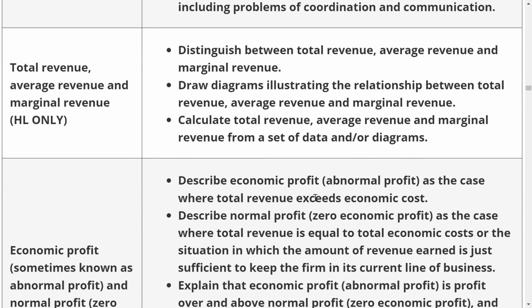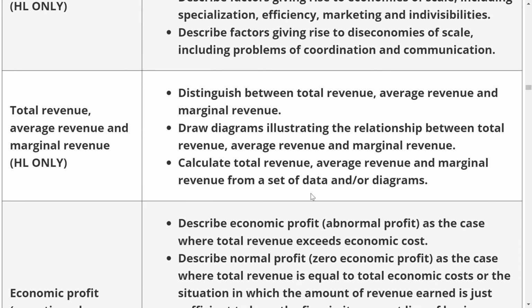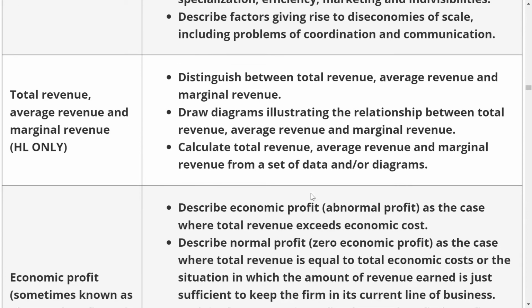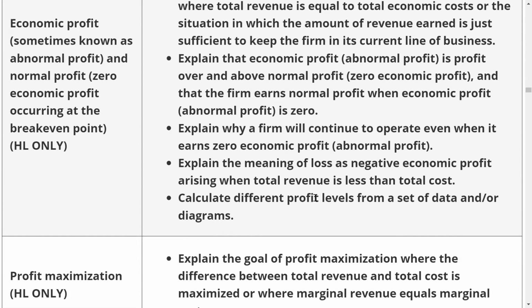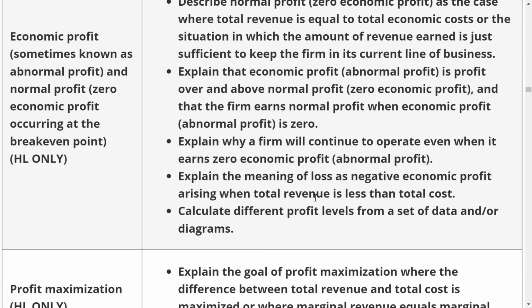Profit is equal to revenue minus expenses. So just be able to understand that and distinguish between total revenue, average revenue, and marginal revenue. Use diagrams to illustrate and calculate total revenue and average revenue, and what they look like on a graph.